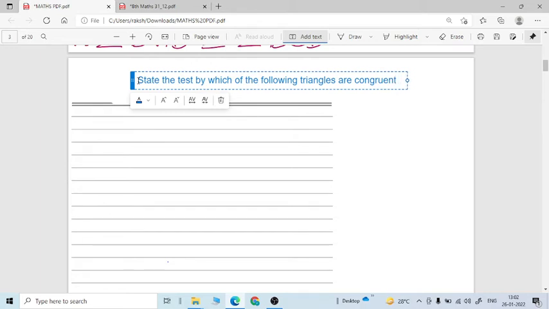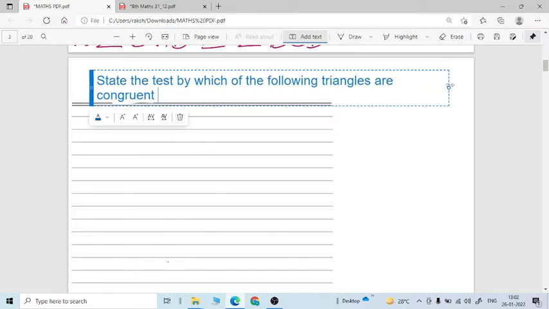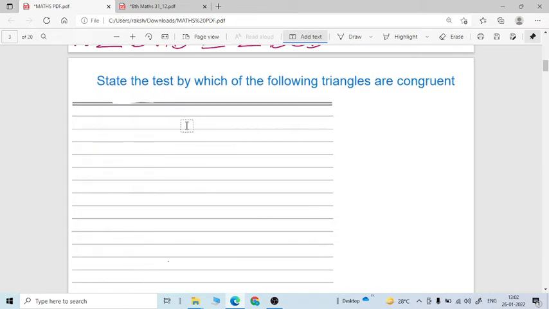Which of the following are congruent? Okay, now let's move on to the solution part.